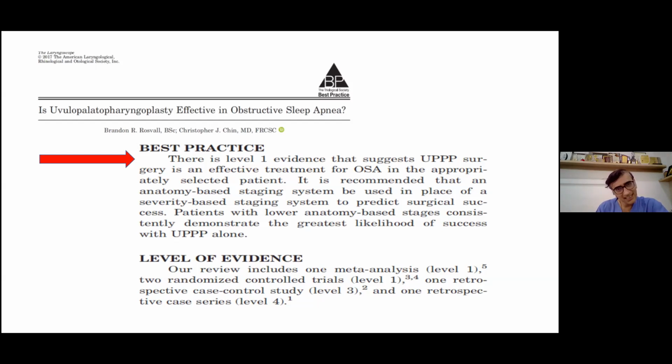It still has some role, but you have to select patients not based on disease severity but on anatomical staging, and then you will have an 80% success rate. This was published as early as 2017.